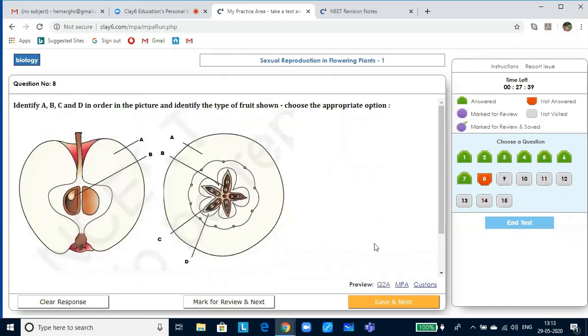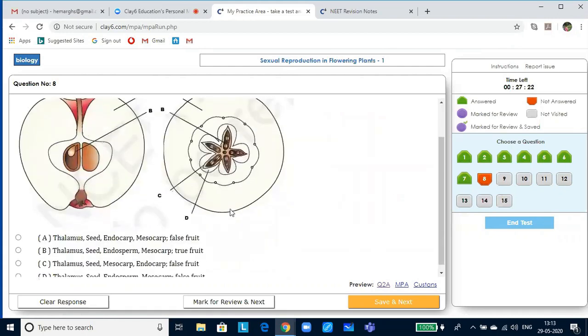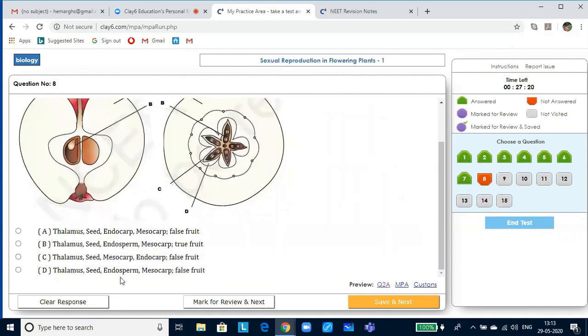A is the thalamus, B is the seed, C is the endocarp, D is the mesocarp, and the whole thing is a false fruit. It is a pome. So what is the answer? It is thalamus, seed, endocarp, mesocarp, and false fruit.